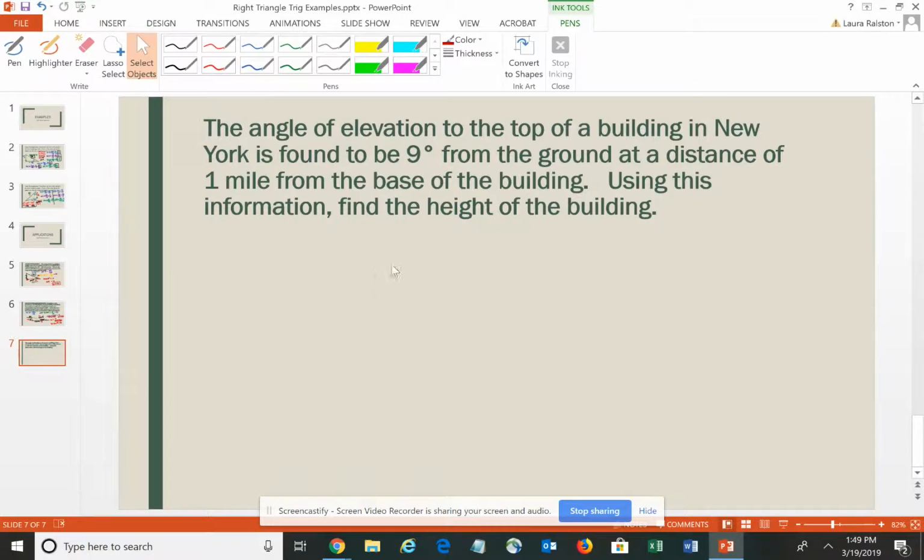Okay, so we have a building. Whoops, let me go back and get my pen here. We have a building. Here's my building.